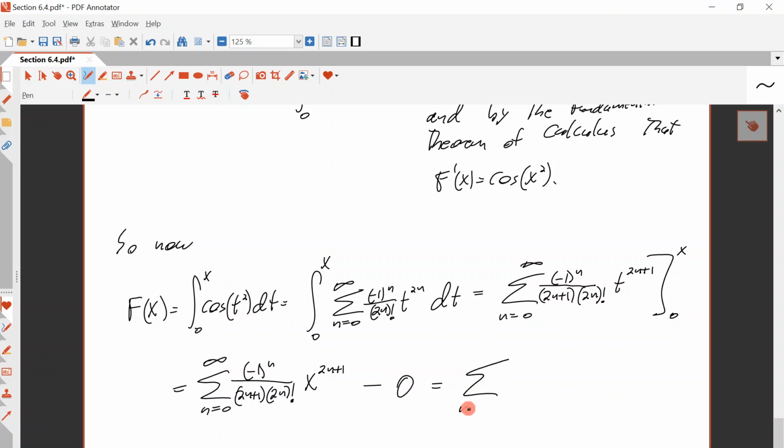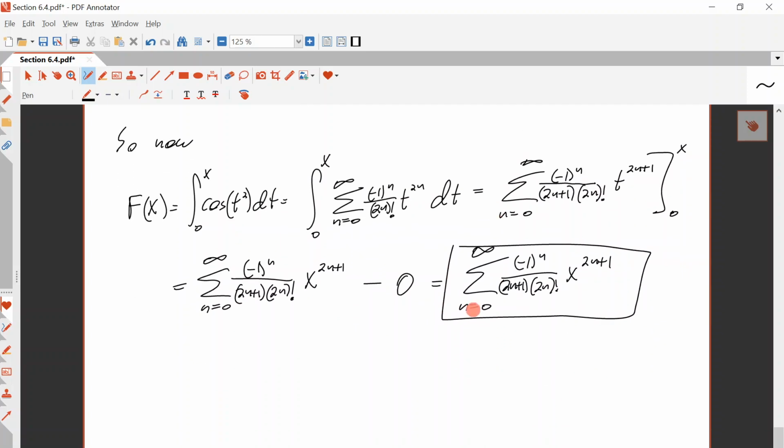So this is an antiderivative for cosine x squared.